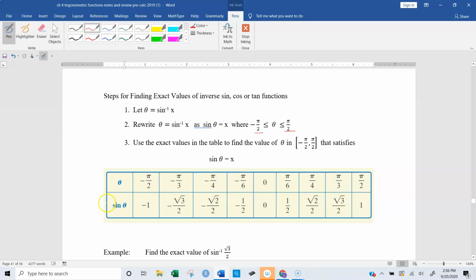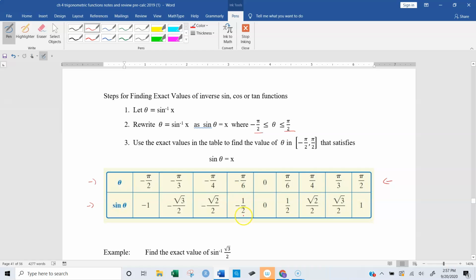So let's go here. We have theta is -pi/2, -pi/3, -pi/4, -pi/6, 0, and so on. Okay, we have all of my values of pi. All right, when we go here, the sine, well, we know the sine of -pi/2, so of -90 degrees, is -1, -pi/3 is negative square root of 3/2. That's your 60s, your 45s are negative square root of 2/2.